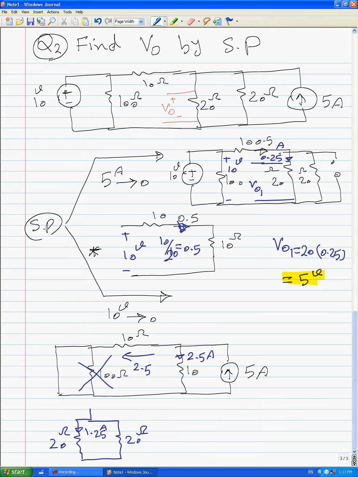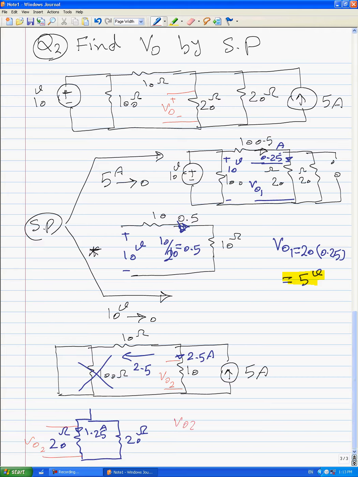And we can find out Vout2, which is across the 20 ohms. And for this reason, since 20 ohms and 20 ohms are connected together in parallel, Vout2 is equal to the voltage across the 10, or across this 20, Vout2.